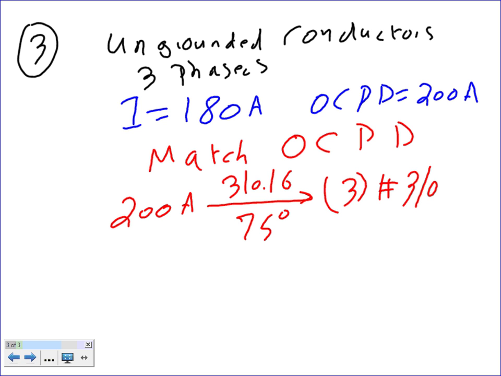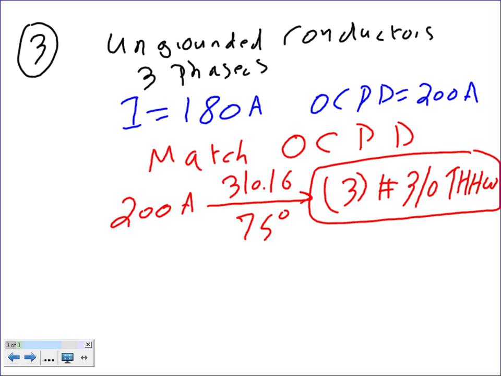And suppose we are coming underground in PVC. Let's make them THHW. Then you have to go to a different column, the 75 degree column. We're not derating anything. There's just three, so it's just sizing. So three conductors, THHW.